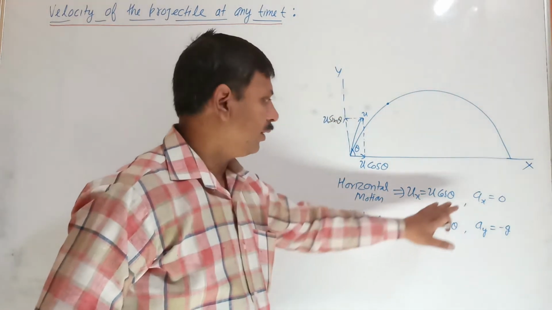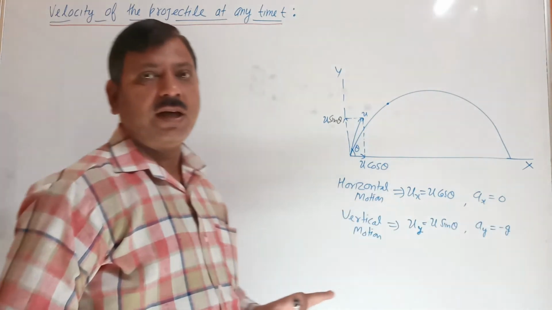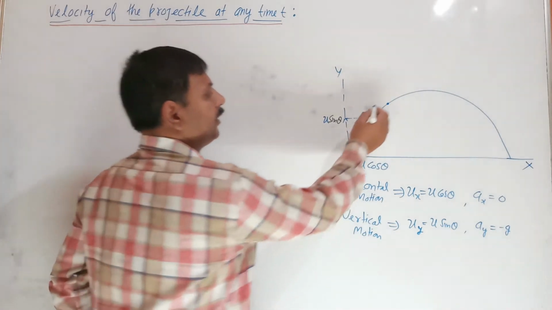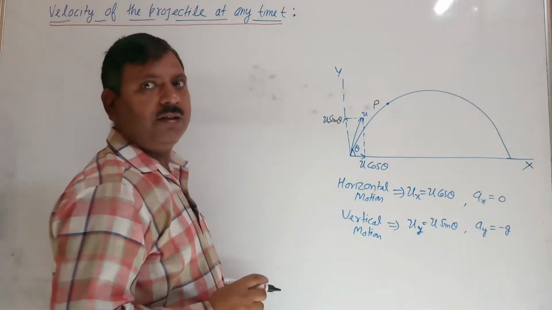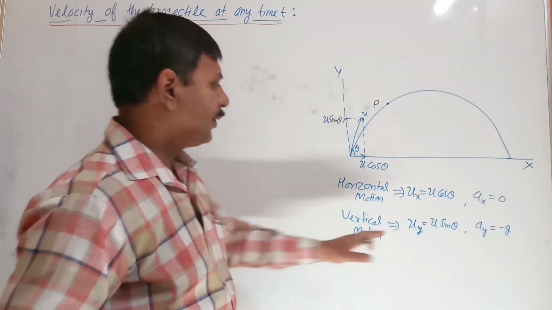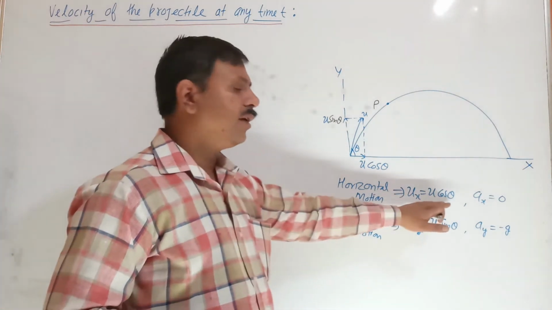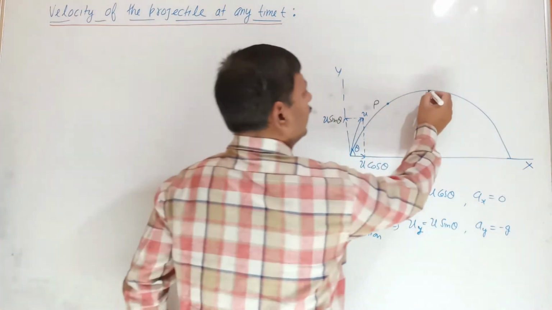Horizontal motion, vertical motion. In horizontal motion acceleration is 0, in vertical motion acceleration is minus g. Suppose after time t, the particle reaches point P. I have told you, if there is no horizontal acceleration, the horizontal component of velocity will be the same at every point.